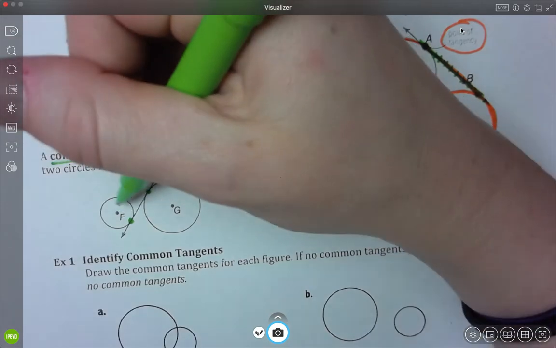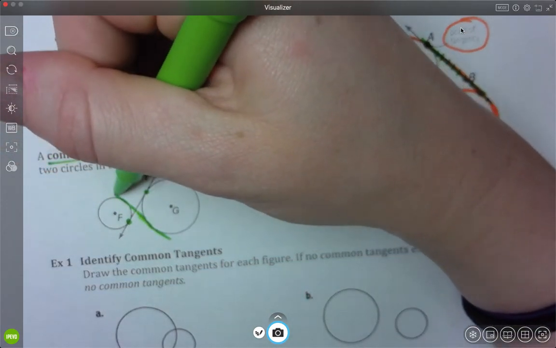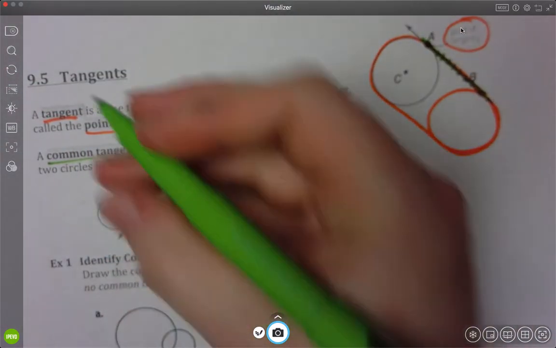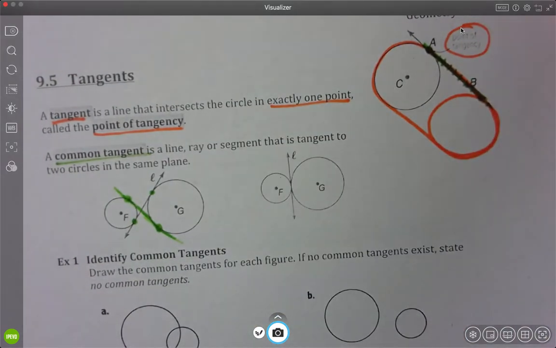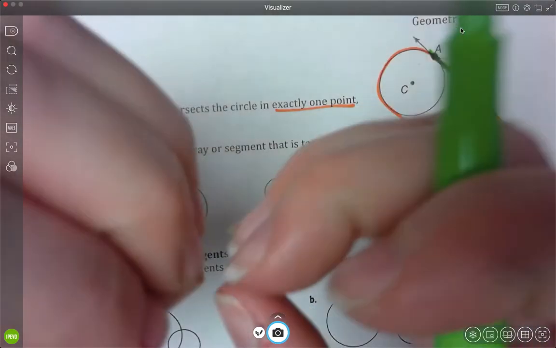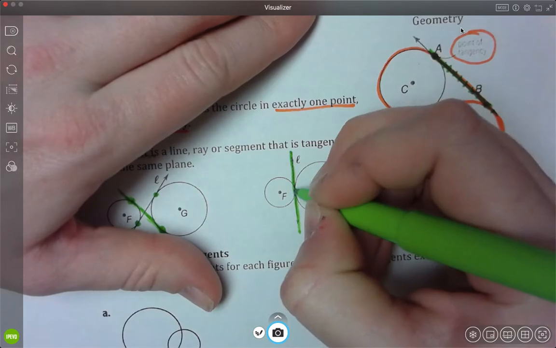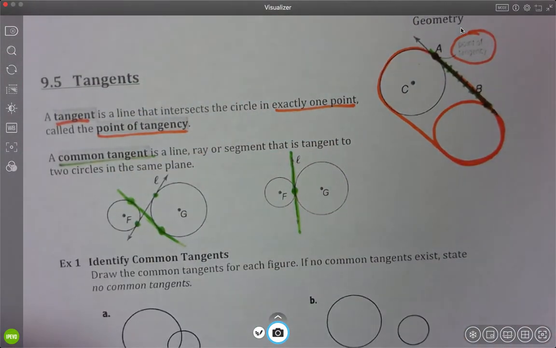I could also draw a tangent line going the other direction, touching only right there and right here. If I have two circles that are just touching each other, I can draw a tangent line that's exactly straight up and down, and it's only touching each circle once.